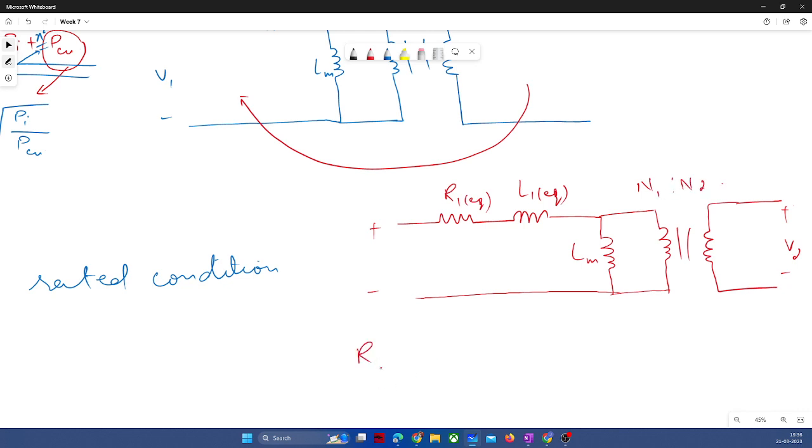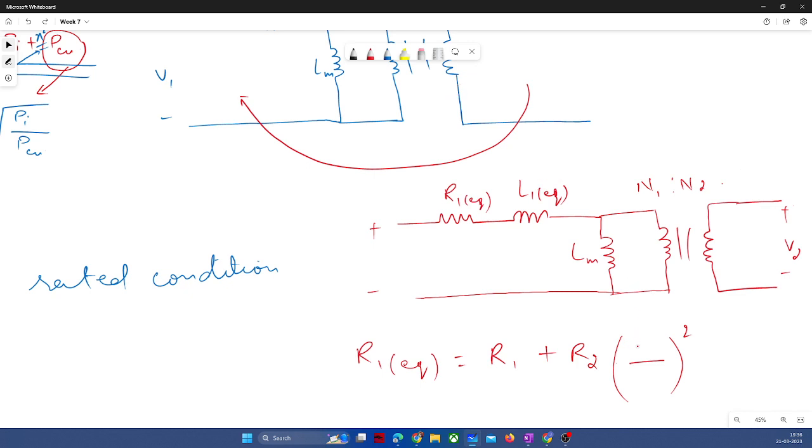Now R1 equivalent will be R1, which was earlier present in the primary, plus the secondary side resistance multiplied by the turns ratio squared, and that you determine by the side where you are referring, the primary side.